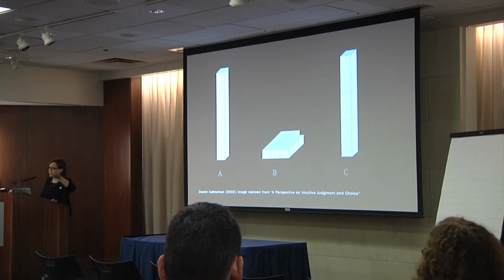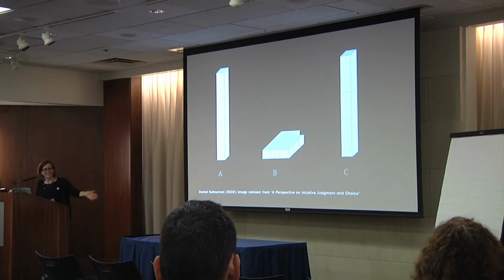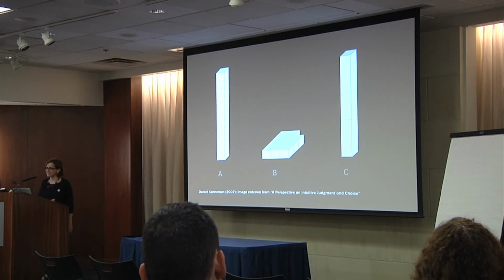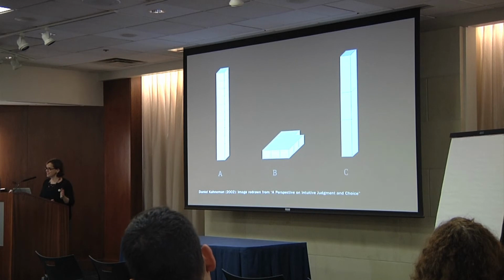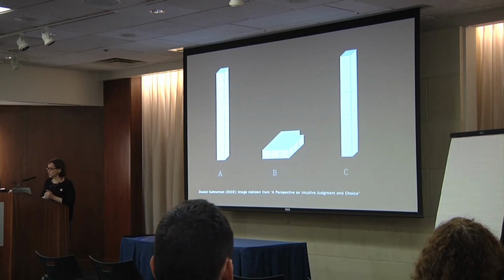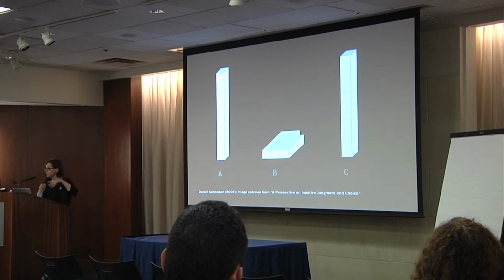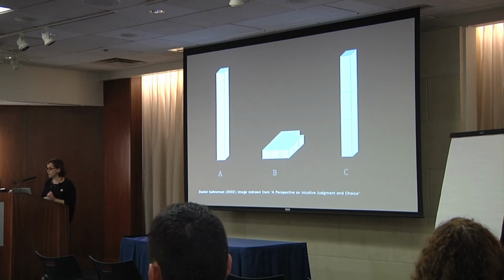Maybe I can ask you, what kind of information do you get if you look at drawing A? It's tall, right? So there is this immediate thing about height that is very intuitive, it's fast. If you learn about the height of one, you can quickly, without any effort, immediately tell me that, right?